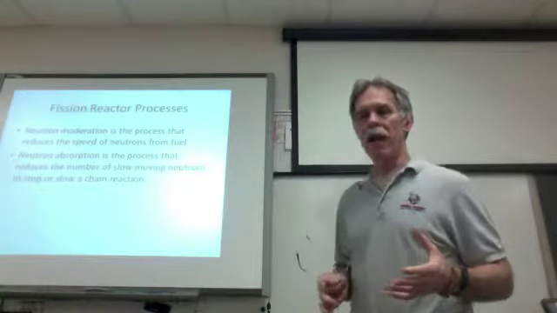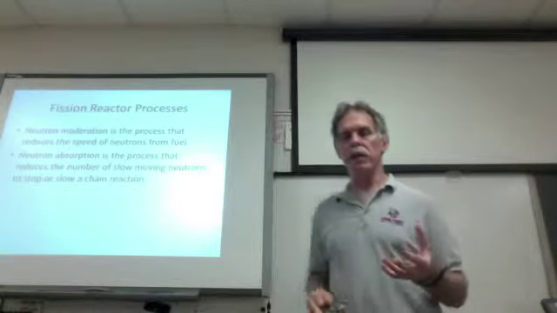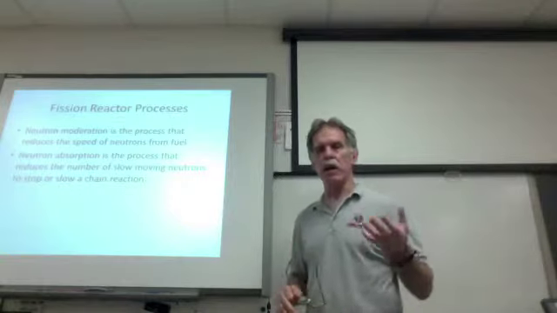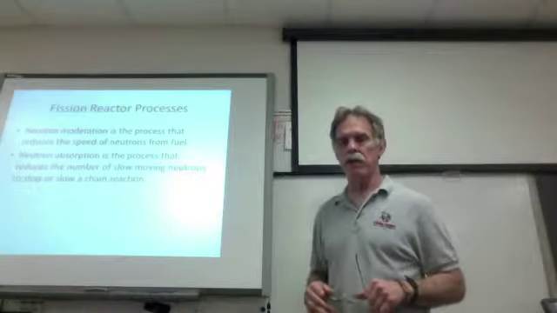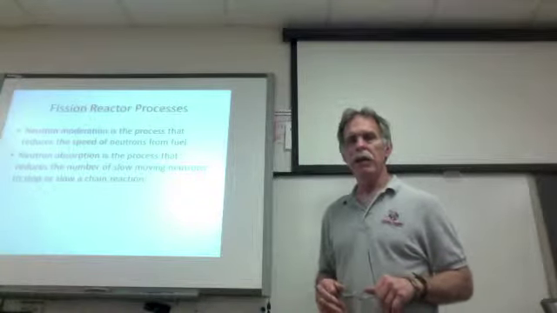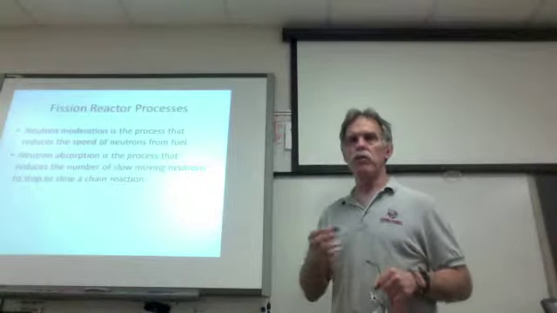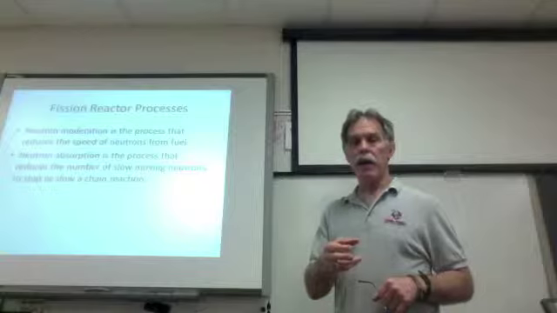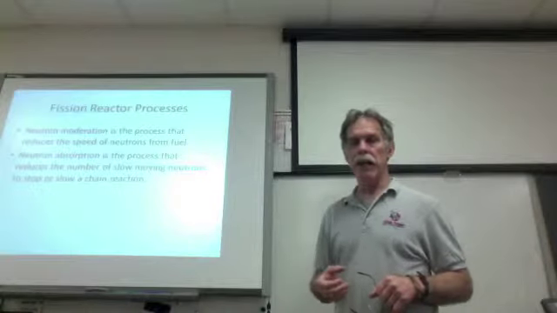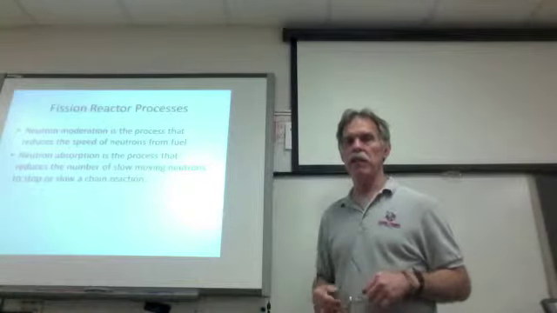Within the reactor there are several different things we could address, and we're not going to spend a whole lot of time talking about the process, but there are fission reactors called breeder reactors that produce more fuel than they use, which means that they can pretty much sustain themselves.